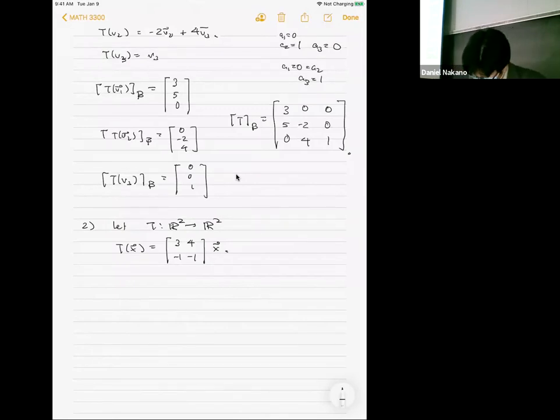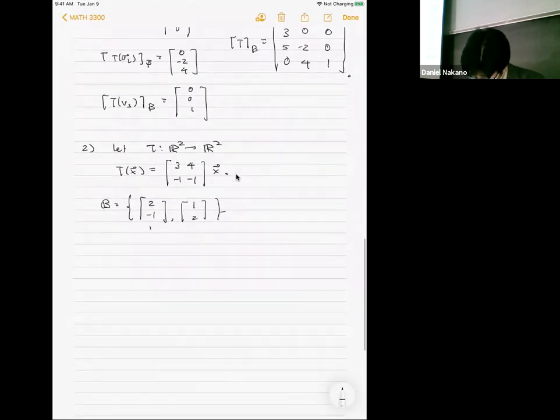And beta consists of the vectors 2, -1, and 1, 2. If you want, this is V1, and this is the vector V2. What I want to do is find T with respect to beta again.